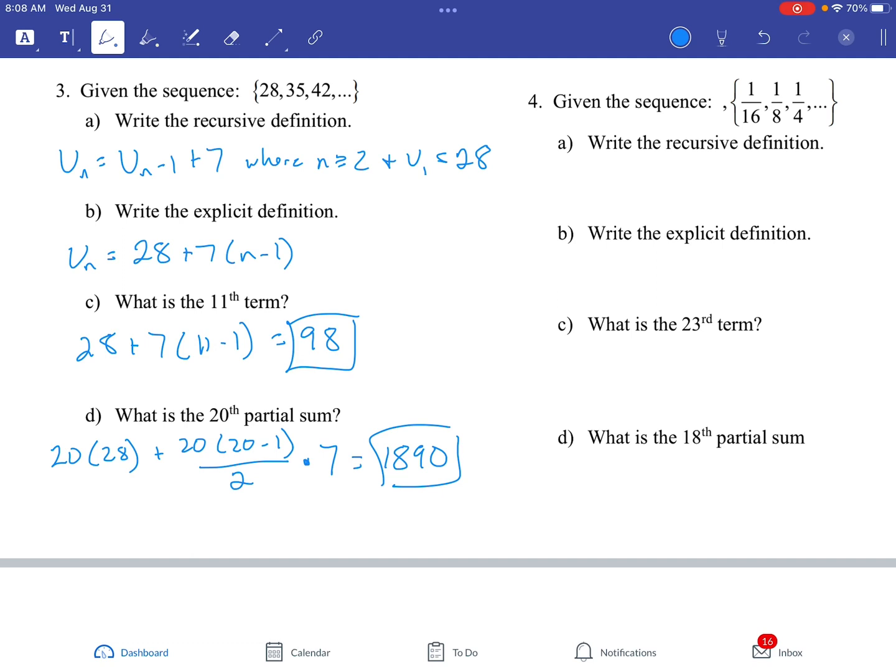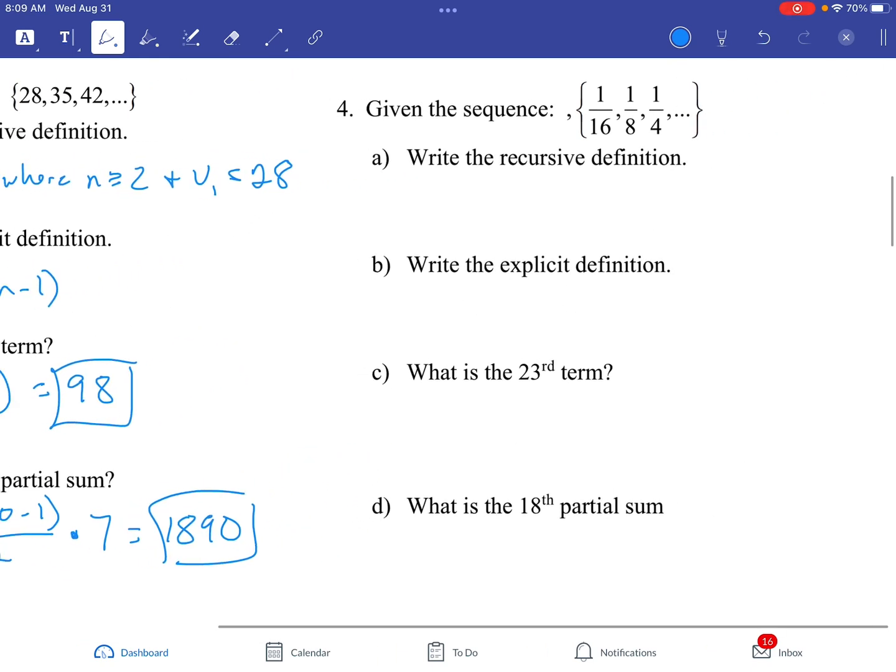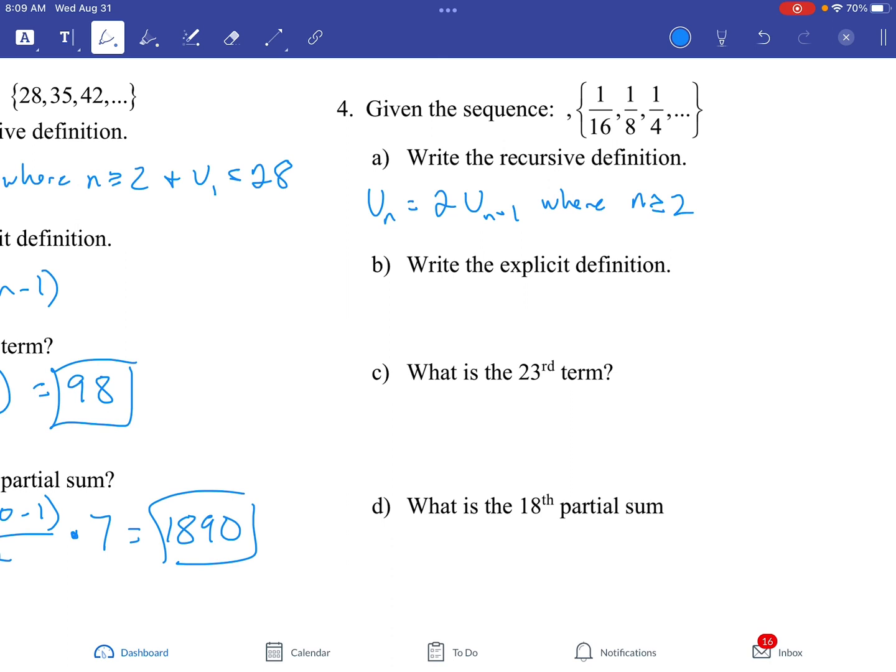All right. And number 4, we have a sequence. We are multiplying by 2 each time. So u sub n is equal to 2 times u sub n minus 1, where n is greater than or equal to 2. u sub 1 is equal to 1 over 16.